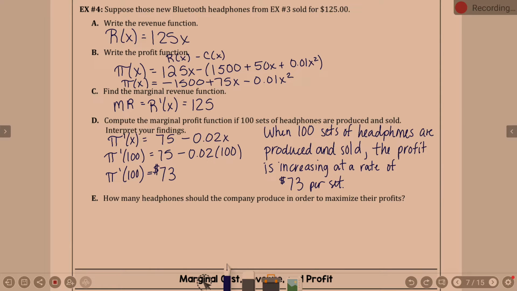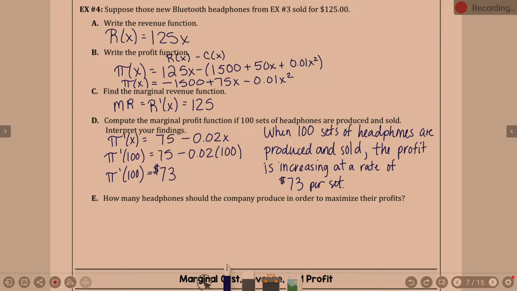If they would have just said produced or just sold, you wouldn't necessarily have to have that whole thing. I could almost just say, at 100 sets of headphones, the profit is increasing. It's just using the exact terminology of the stem of the problem, which is good. It is good to keep with the same terminology that is in the stem of the problem, if that makes sense. Okay?